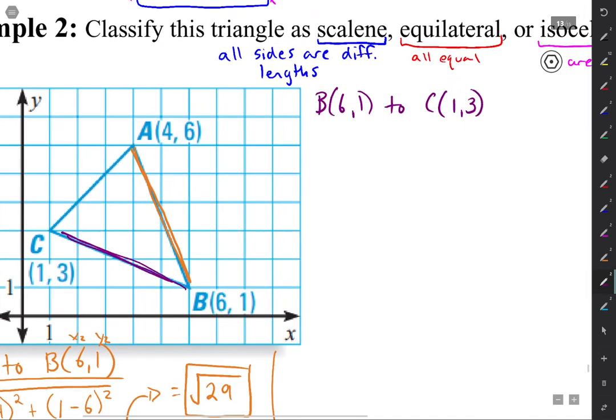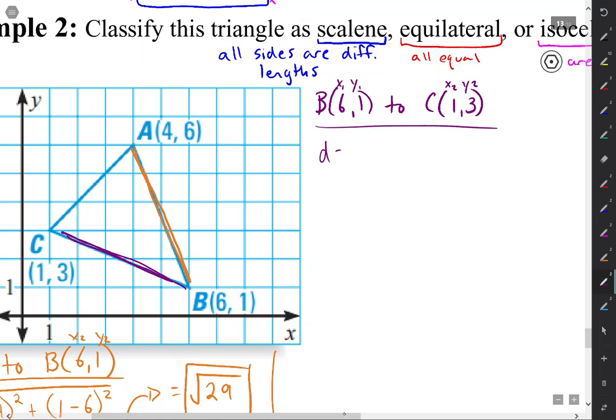So here I'm just going to say that this first one is x1, y1, and then this one is x2, y2. So if we're doing the distance, it'll equal x2 minus x1, so that's going to be 1 minus 6, and then squared, plus y2, which is 3, minus y1, which is 1, squared.